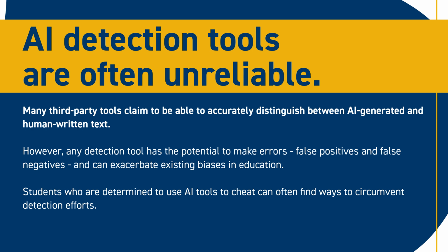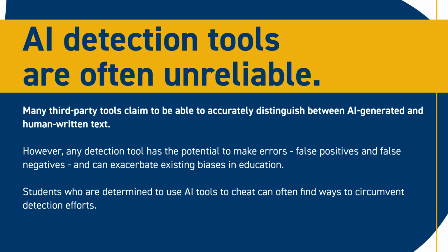A lot of them promise to be able to reliably detect AI-generated text, and then when they are tested, they routinely fail under that pressure. There are always ways that these detection tools can have errors. There are false positives and false negatives, students slipping under the radar who have cheated, false accusations against students that haven't.